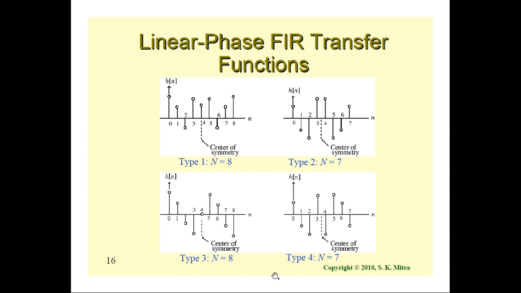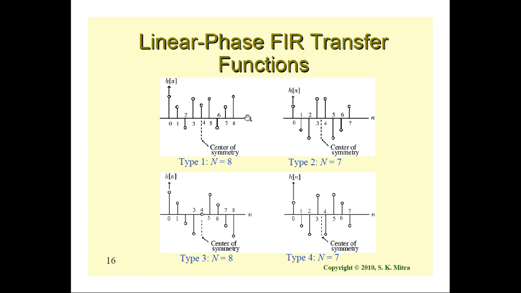So all these 4 types of linear phase FIR transfer functions, which are either symmetric or anti-symmetric and differ in terms of their orders or equivalently their lengths, exhibit exactly linear phase characteristics.